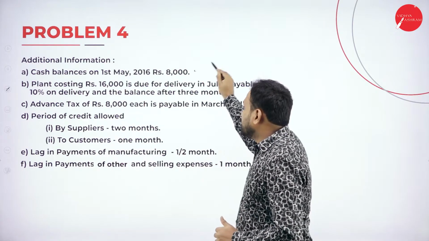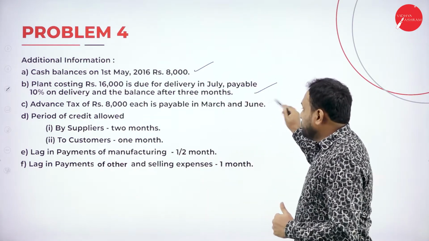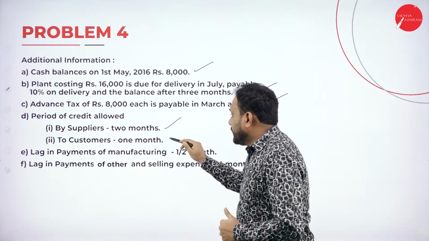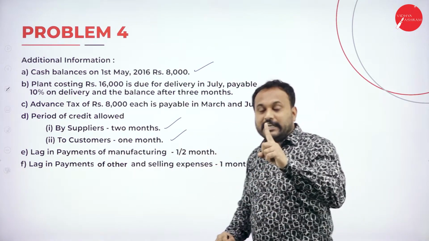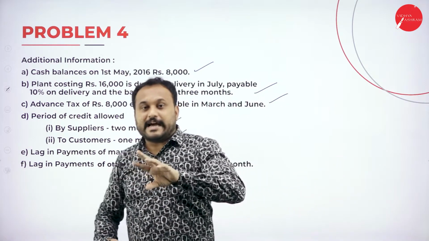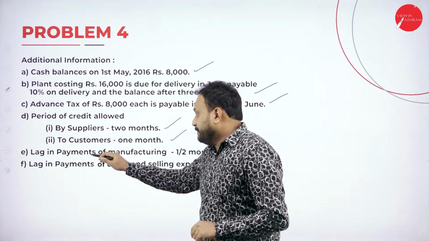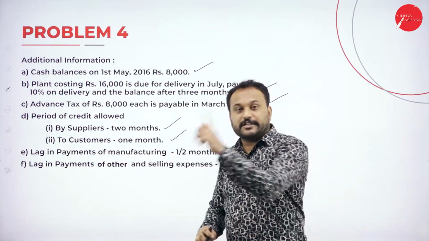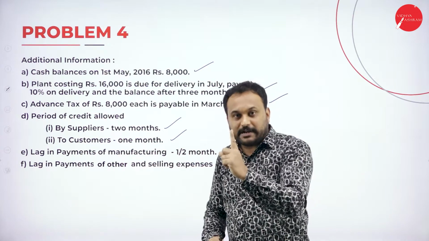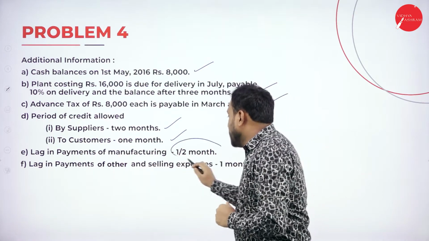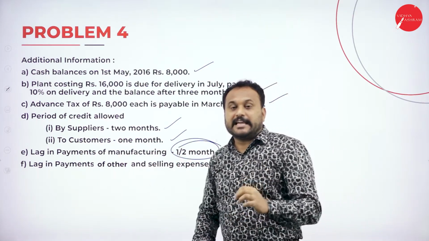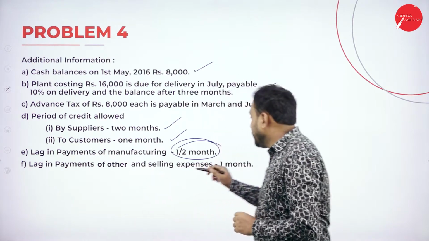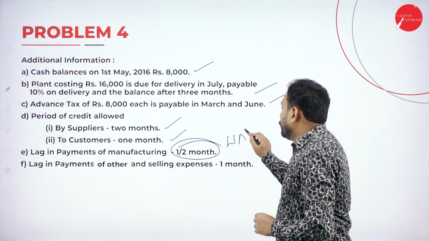Now here this is the same, here also the same. We have 2 months, we have 1 month same, but the only twist I have made is the lag in payment of manufacturing expenses. In the first problem it was 1 month, but now I have given half a month. There is a lag in payment of half a month, so you need to go with a proper working note.